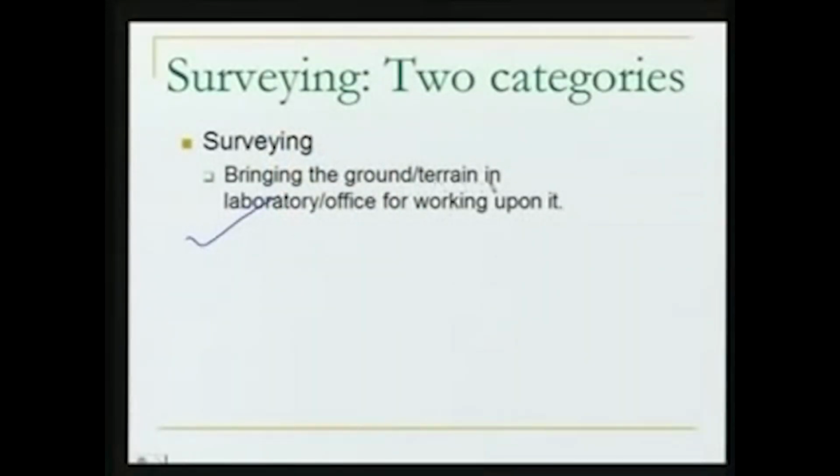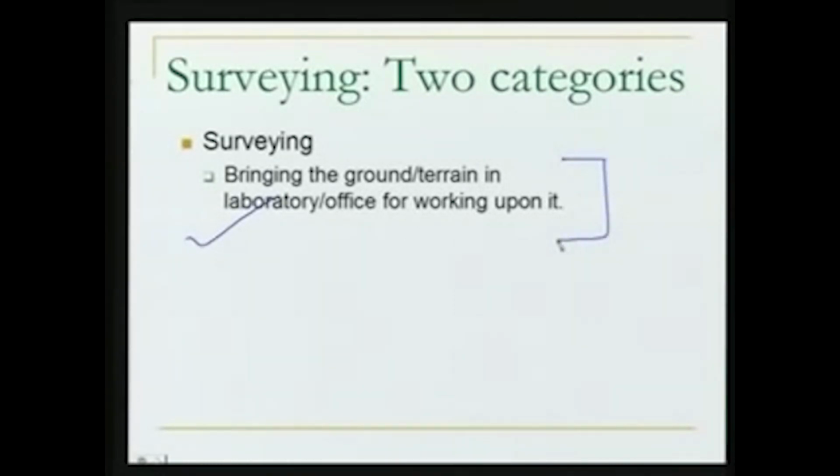And then we took this map into our laboratory. So the map is here in our laboratory. So this part is called surveying, when we are bringing the ground terrain into the laboratory office for working upon it.